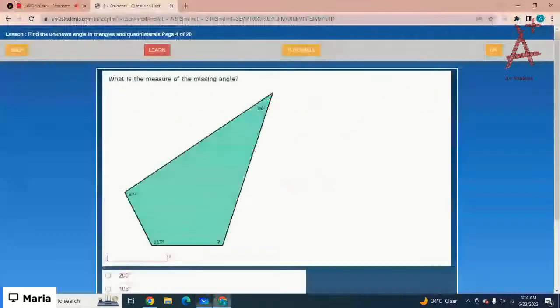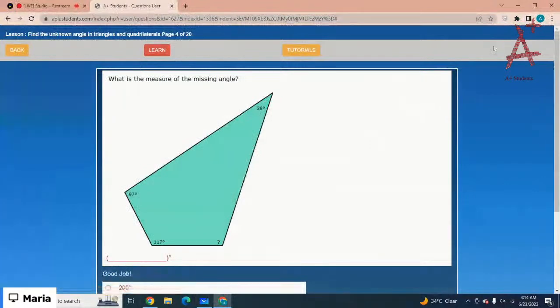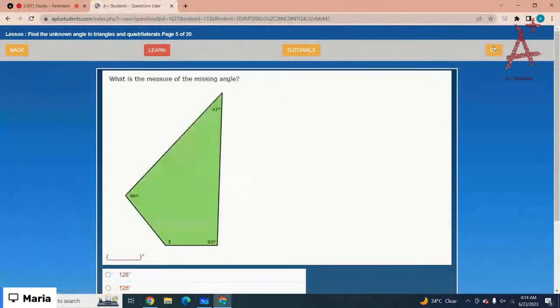Okay, the next one is, what is the measure of the missing angle again? That is a four-sided shape. So the sum of the angles of a four-sided shape must be 360.